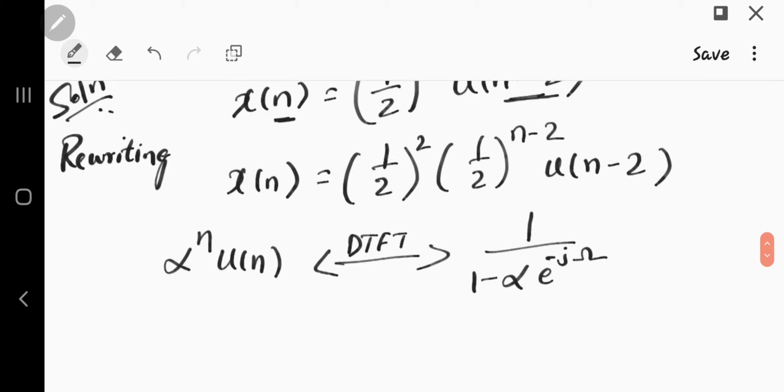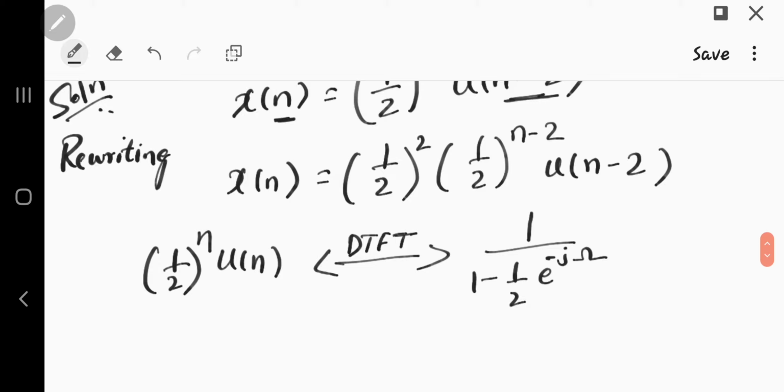So this is what we got. This is a standard derivative of DTFT. Now in place of alpha, if I replace 1 by 2, then I will get the expression in this way: 1 by 1 minus (1/2) e to the power of minus j omega.